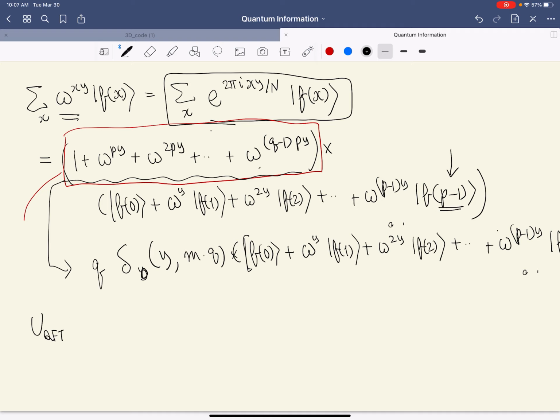So the result of having performed these two unitary operations in succession, it turns out, is some number q times a summation over y and some nice canonical delta, constraining y to be one of the multiples of q.